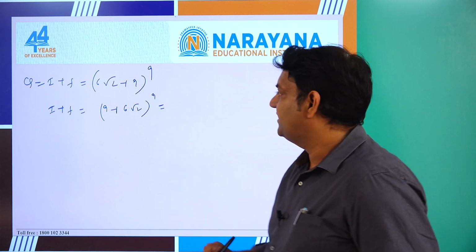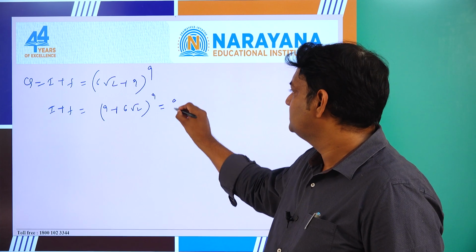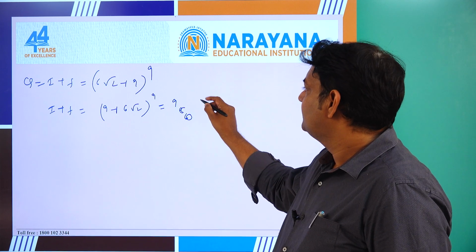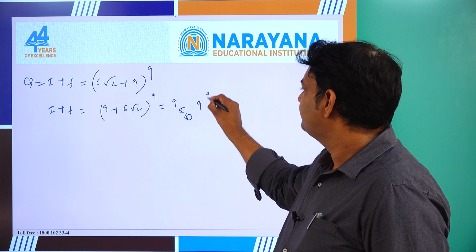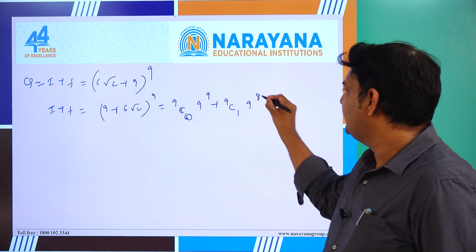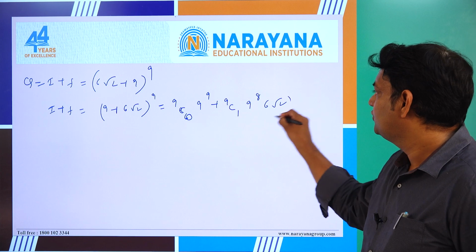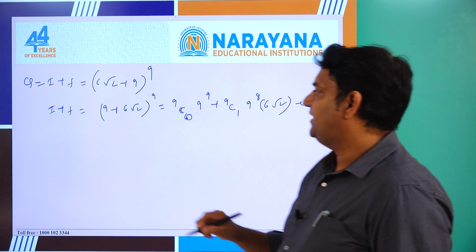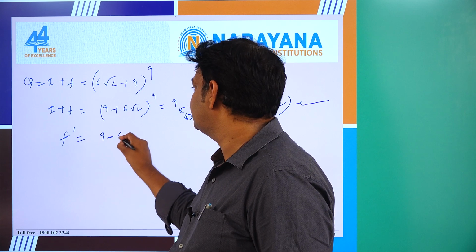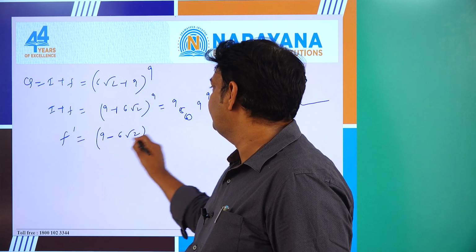And now I will do the expansion. 9C0 9 power 9 plus 9C1 9 power 8 into 6 root 2 plus and so on, and the same procedure. Now we will consider f dash. What is f dash? (9 minus 6 root 2) power 9.